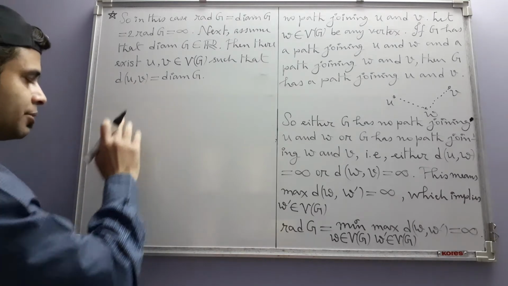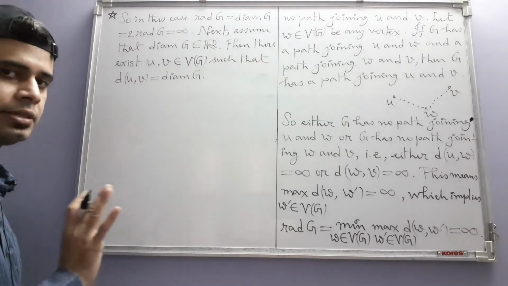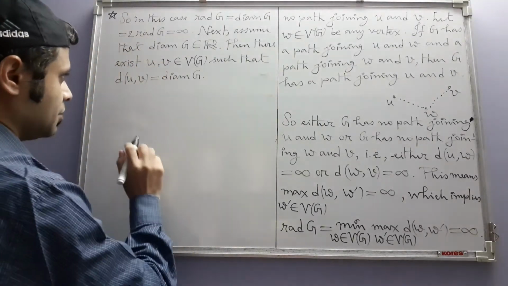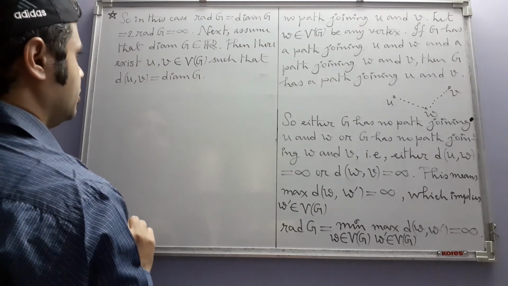There may be multiple such pairs of vertices, but at least one pair is there, which will realize this diameter. Okay.